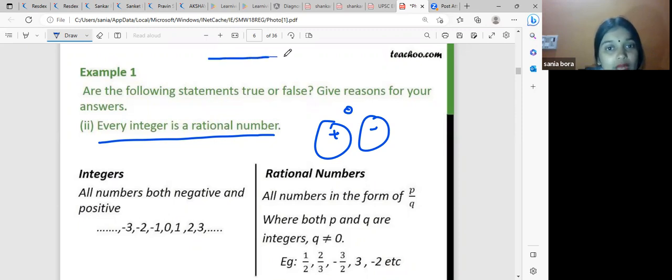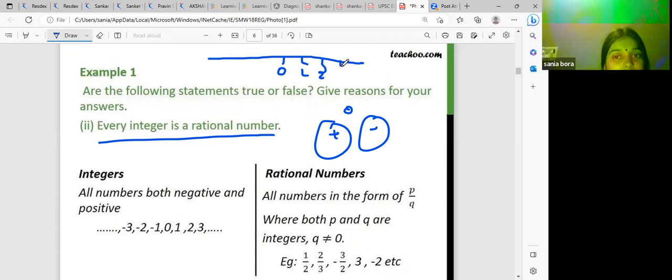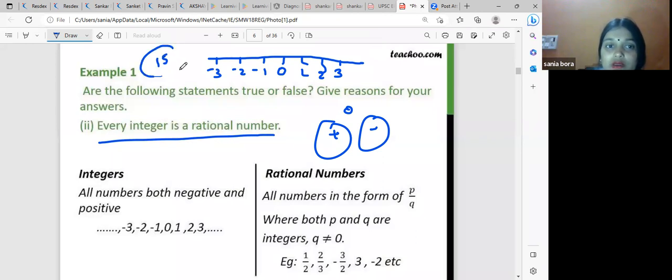Whenever we draw a number line, this will be your 0, this will be your 1, this will be your 2, this will be your 3. Over here, it will be -1, -2, and -3. Clear? So these are integers. For example, I just wrote this 15. Tell me, which sign does it include?